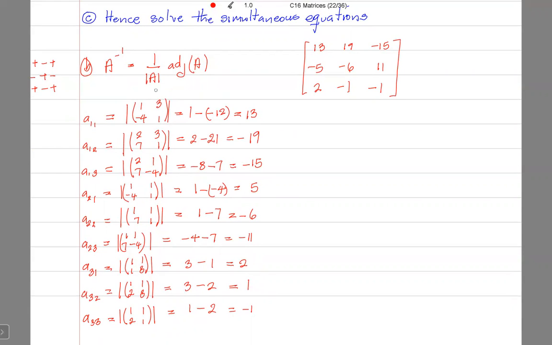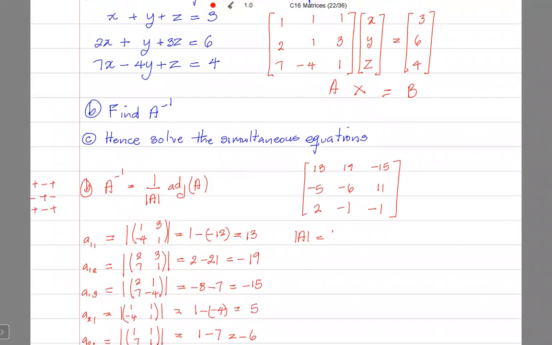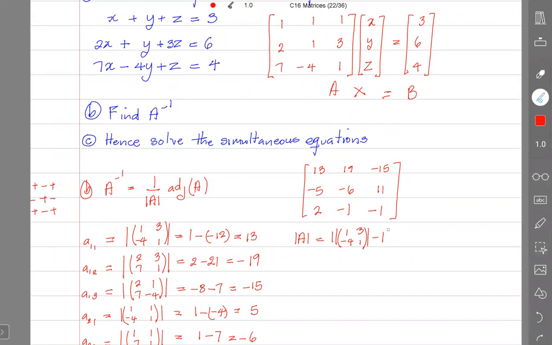So this is the matrix of cofactors. Now to get A inverse, I need the determinant. The determinant of A is equal to 1 times the determinant of 1, minus 4, 3, 1, minus 1 times the determinant of 2, 7, 3, 1, plus 1 times the determinant of 2, 7, 1, minus 4.